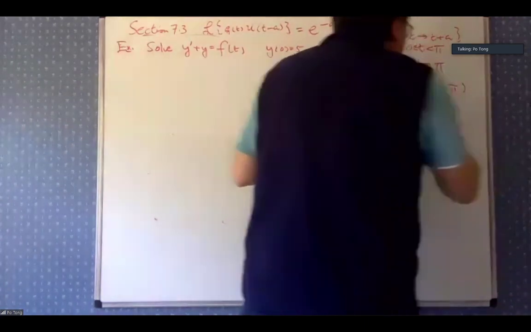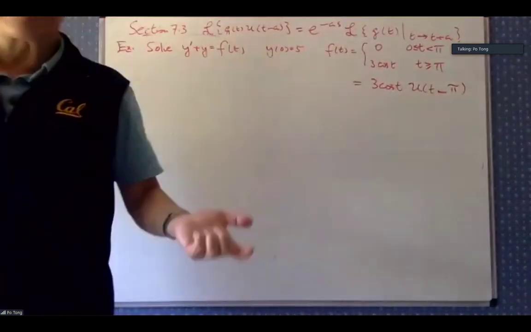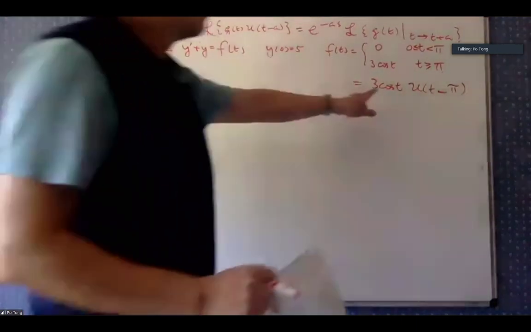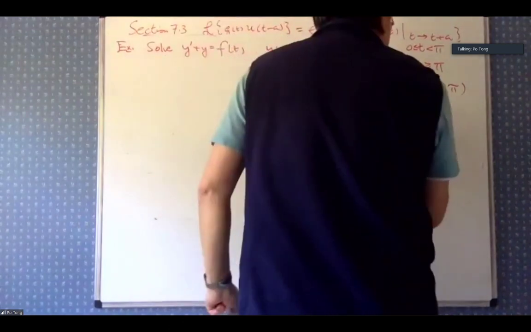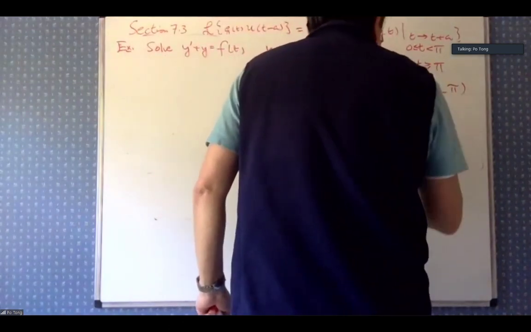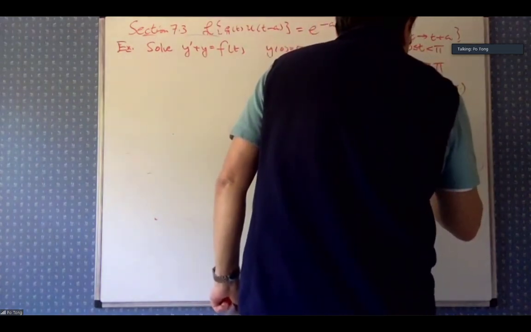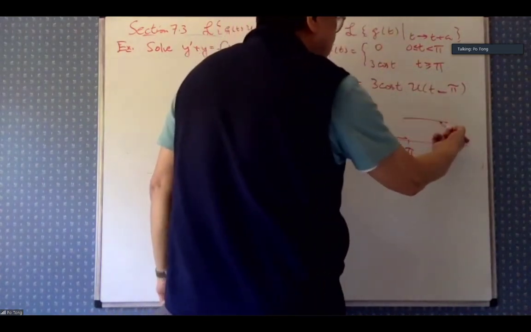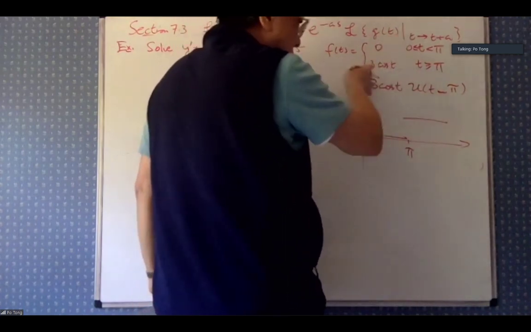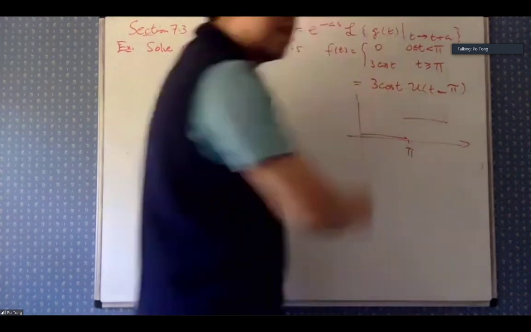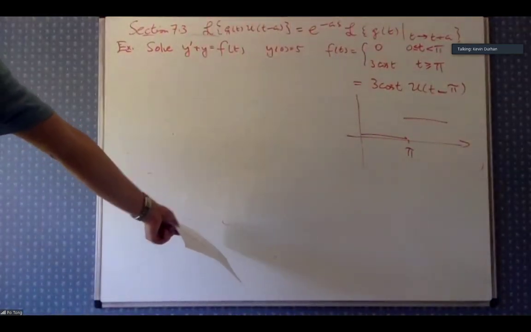Do you guys need me to explain this more? Because we did a bunch of this, that is the reason we did those. You want to zero out the beginning. This u(t minus pi) is this function here, right? This is pi. At the beginning it is 0, later on it is 1. When you multiply it together with this, it will kill the function at the beginning, and the next part will follow this 3 cosine t. Is it okay? Yep.